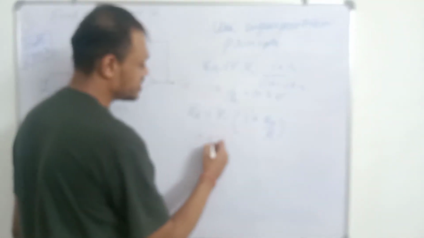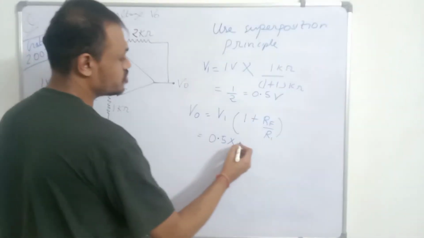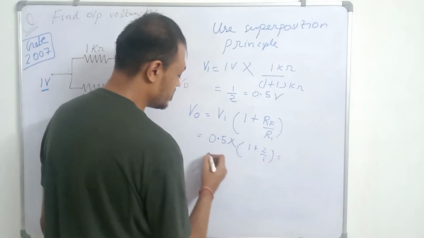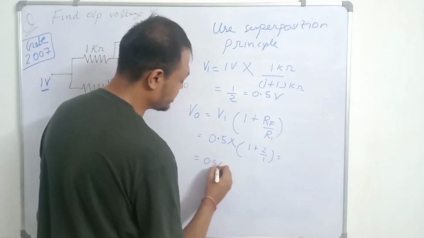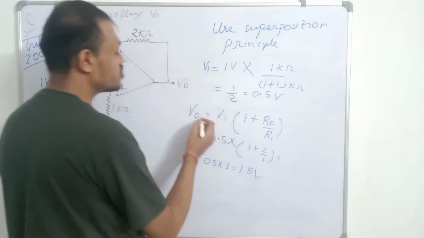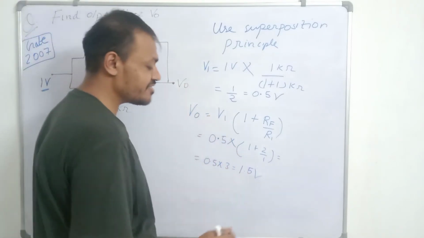So this will be equal to 0.5 into 1 plus 2 by 1, which is 0.5 into 3. So V naught due to the non-inverting terminal is 1.5 volt.